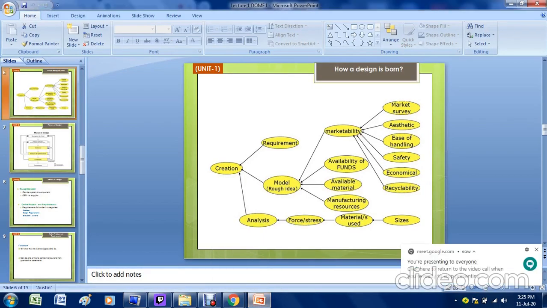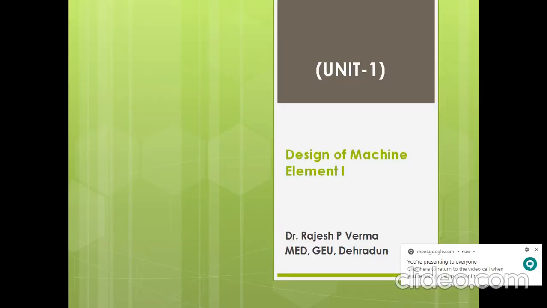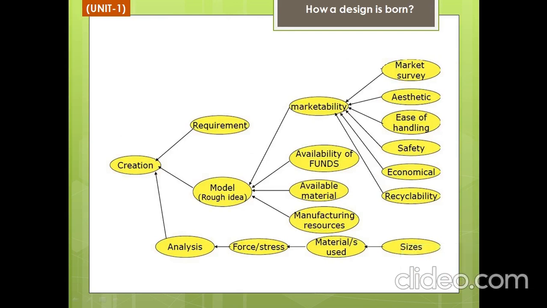Okay, come here. We are studying how a design is born. In this, we are at the stage where we have decided the rough idea about the model and the requirement, what type of requirement is required.